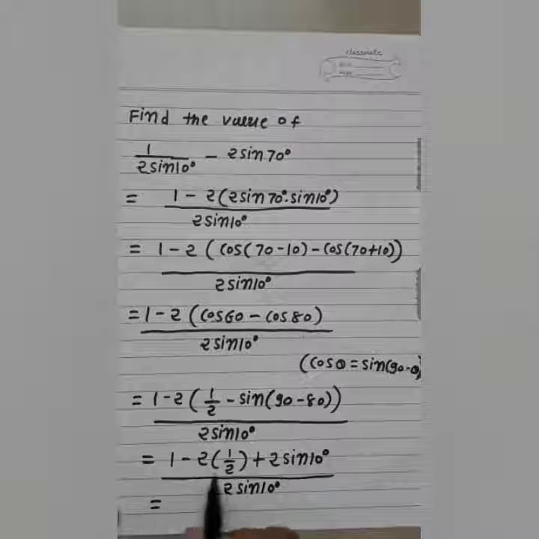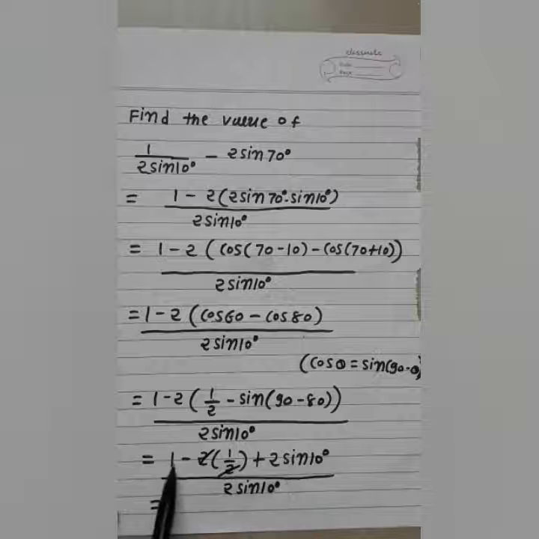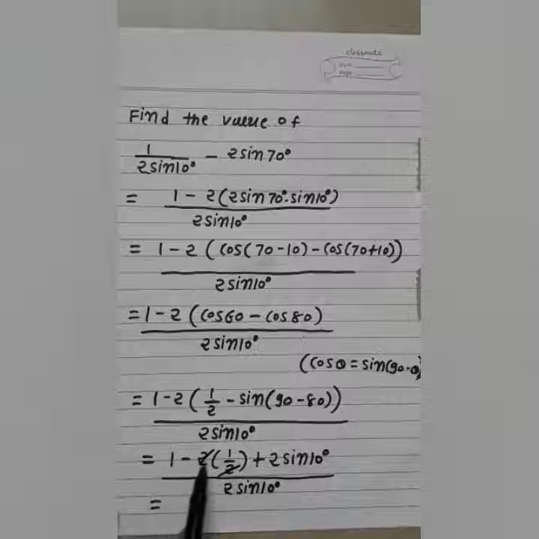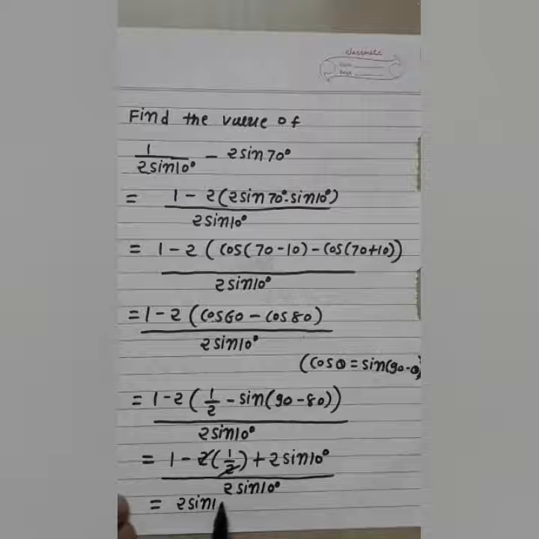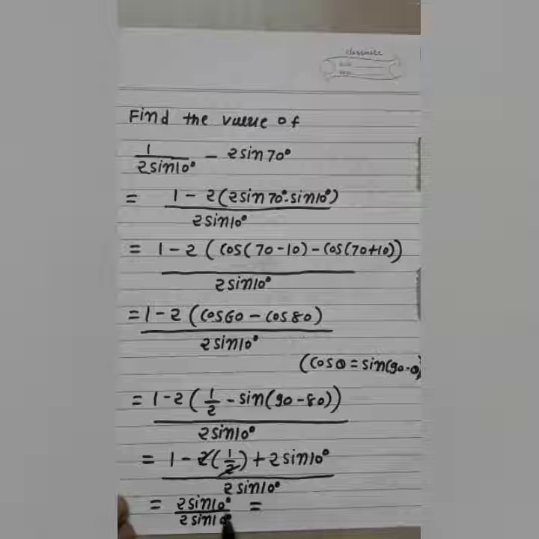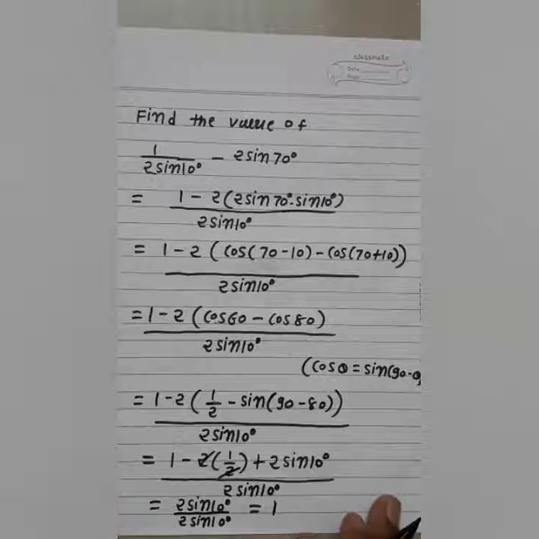The 2 cancels, so the remaining terms 1 minus 1 cancel out, so only 2 times sine 10 degree upon 2 times sine 10 degree remains, and both are the same, so they cancel out. Here we get the answer 1.